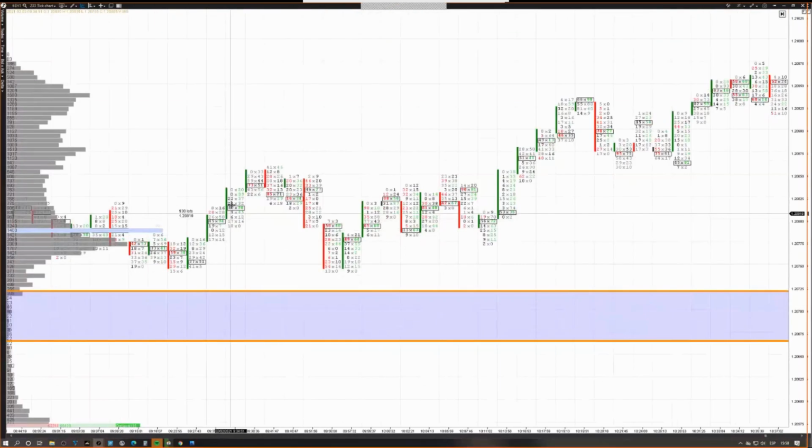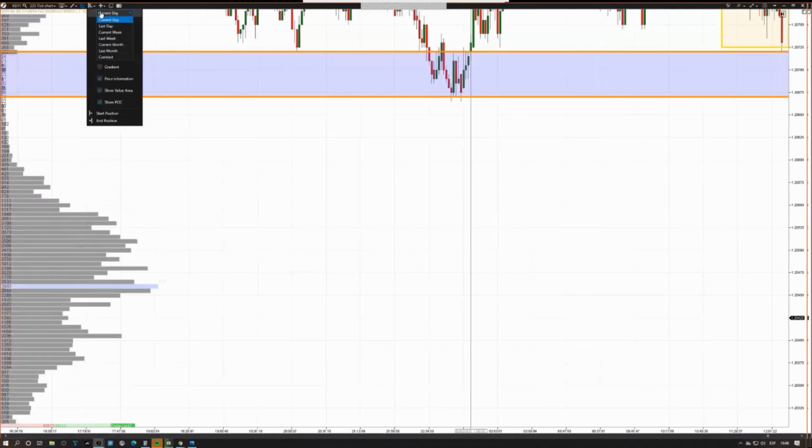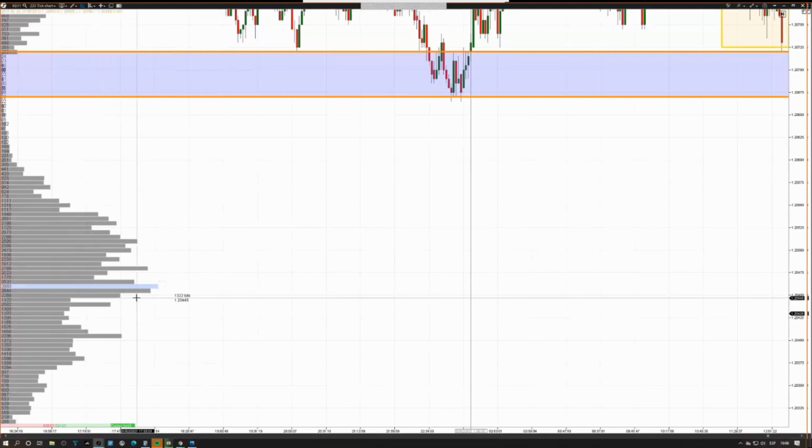You can also use last day, current week, last week, current month, last month, or the contract. Right? This is the case for today, which I have selected. This has been the most traded price during the session.